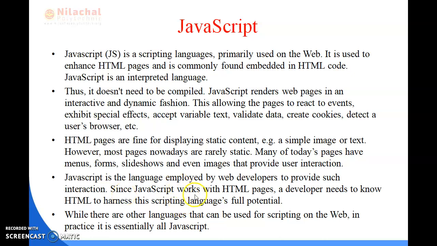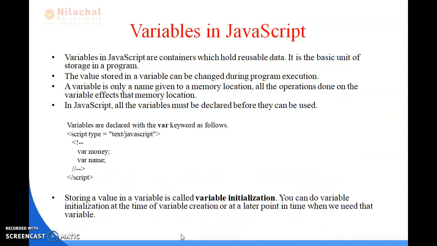Since JavaScript works with HTML pages, a developer needs to know HTML to harness the scripting language's full potential. While there are other languages that can be used for scripting on the web, in practice it is essentially JavaScript.